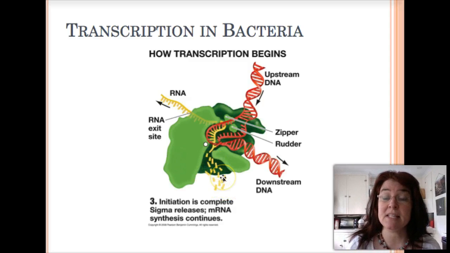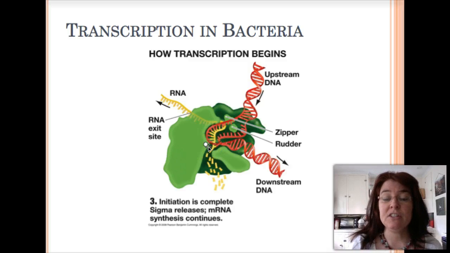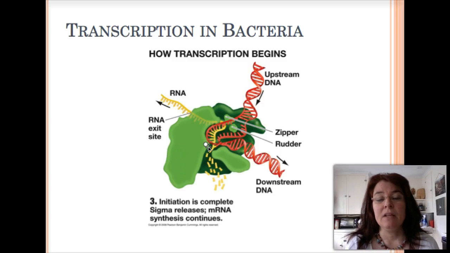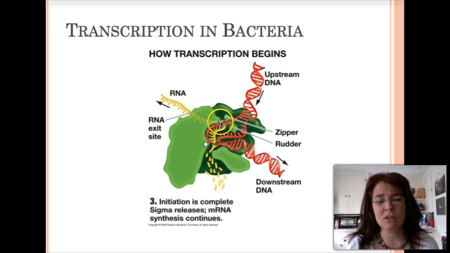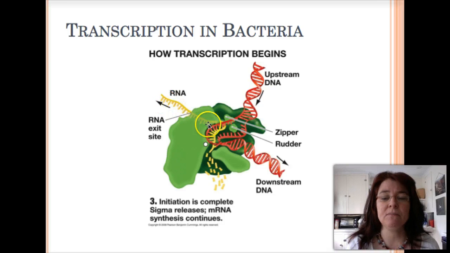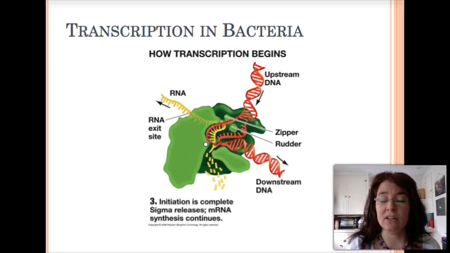This represents the activated NTP molecules, and they're going to be fit in a complementary fashion onto the DNA template strand. Now, there is another channel up here, which you can't see in this image. You can just see the ghost of it in that the RNA molecule is traveling through it. This is the growing RNA that's being produced during this process of elongation.